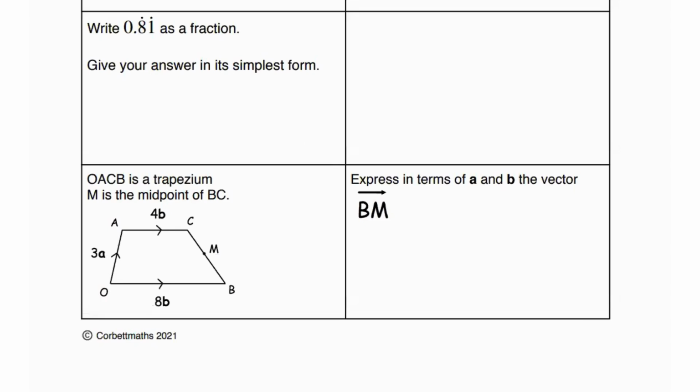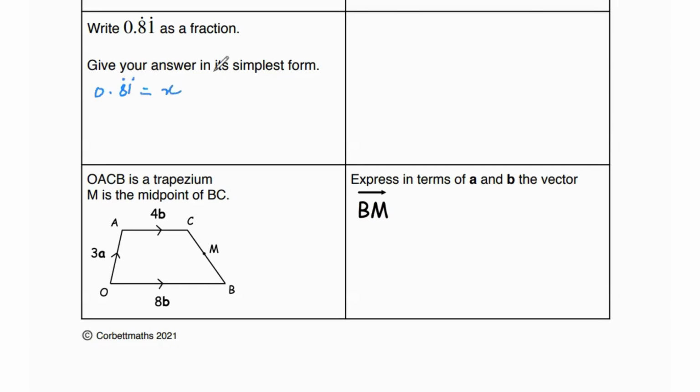Then it says write 0.81 recurring as a fraction, giving your answer in the simplest form. So for these types of questions, there are a few steps that you need to do and you'll have your answer right away. First, we assume that 0.81 recurring equals x.